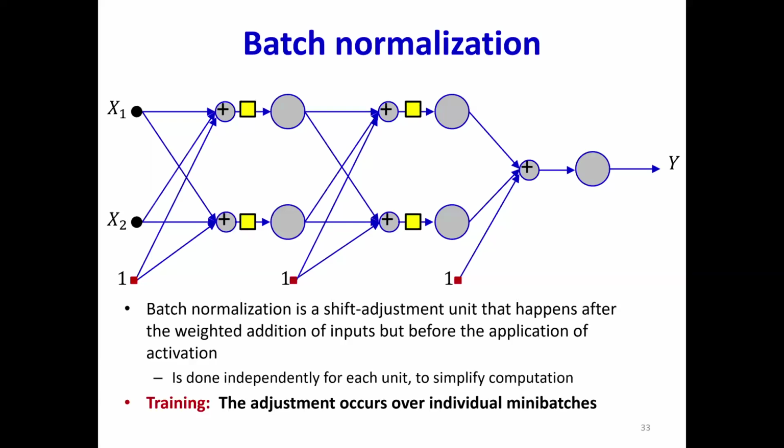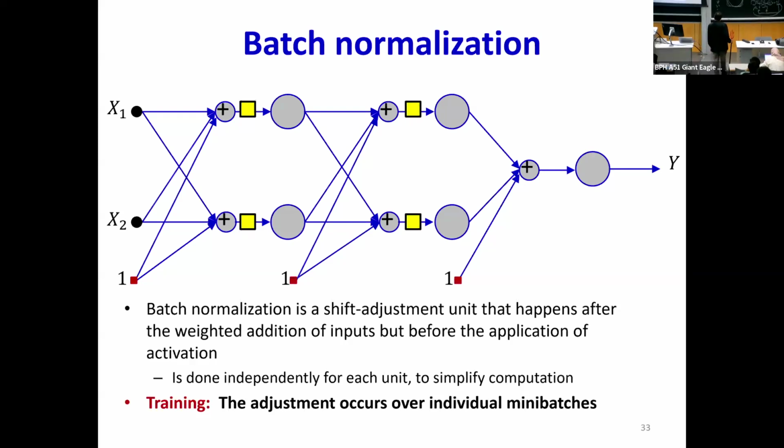But is it possible that even though they have the same distribution, the entire data set has a different distribution? That's what we would like to do: we would like to have each of the mini batches mimic the global distribution. That is the hypothesis that we began with when we began speaking of mini batches.